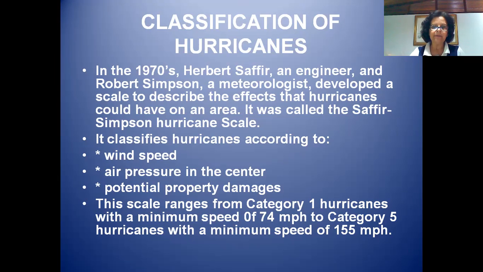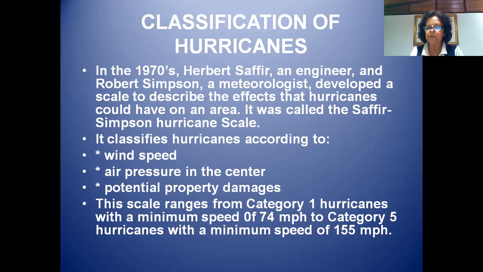When a hurricane develops from a tropical disturbance to a tropical storm, and then finally to a tropical cyclone, all of these stages are closely studied by the people at the NOAA, the National Oceanic and Atmospheric Administration, located in Florida.